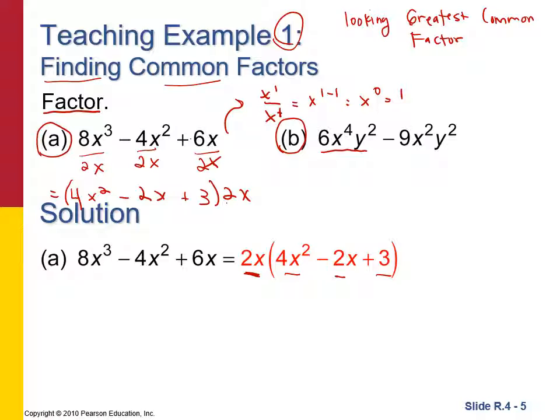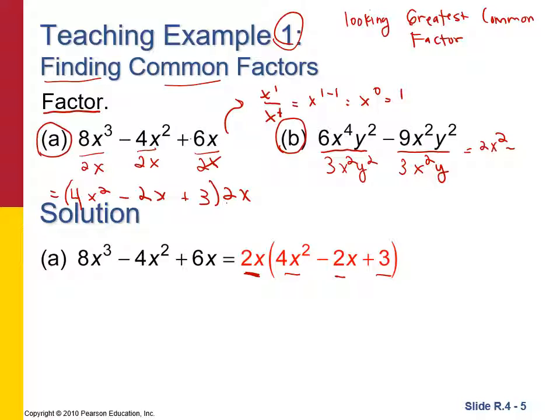And so let's try 3. There's an x to the 4th here, but there's an x squared. So let's take out that x squared, and you can pull out a y squared from each of them. And so we're going to divide both terms by the same thing. What does that leave us with? 6 divided by 3 is 2. x to the 4th divided by x squared is x squared, and this y squared cancels out with the y squared.